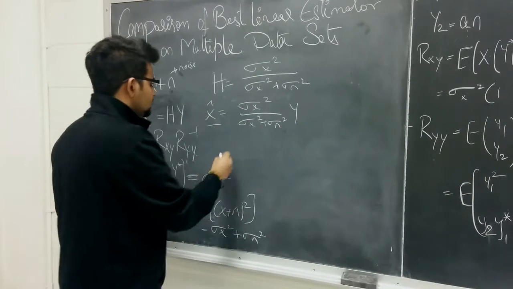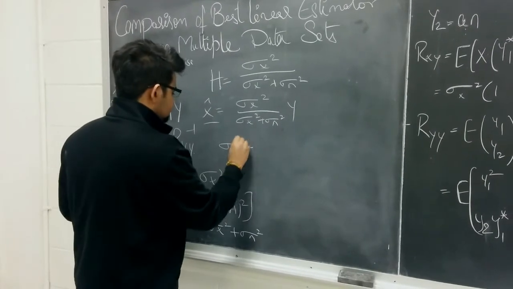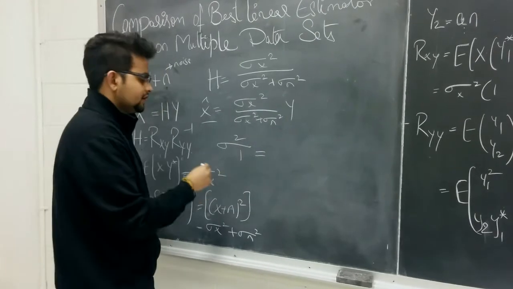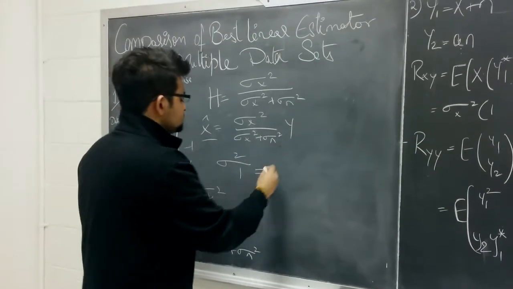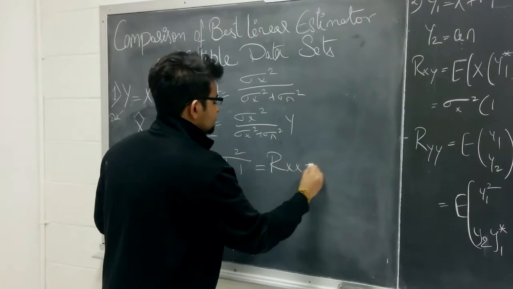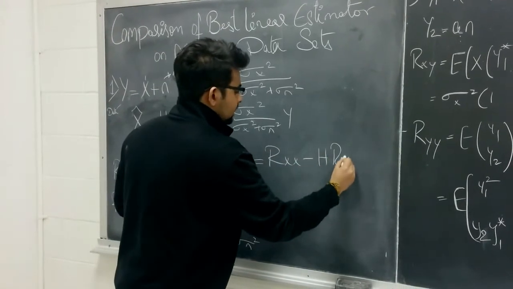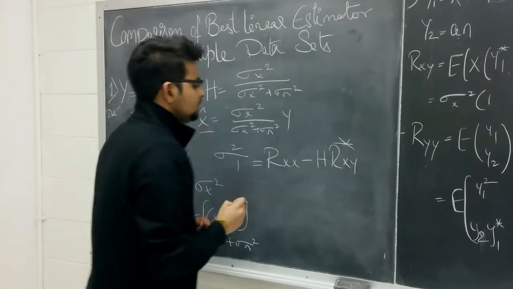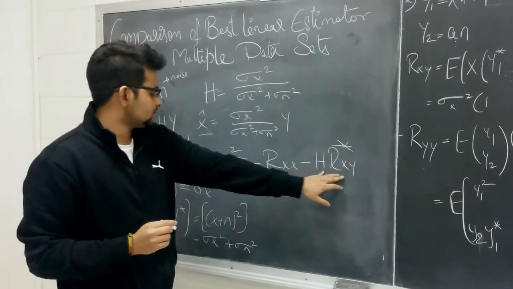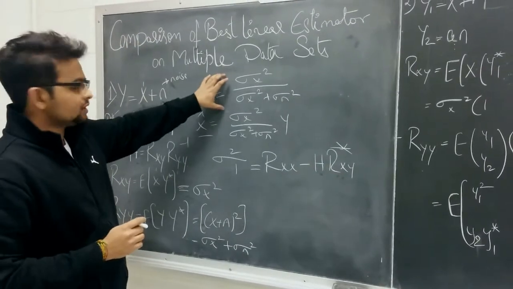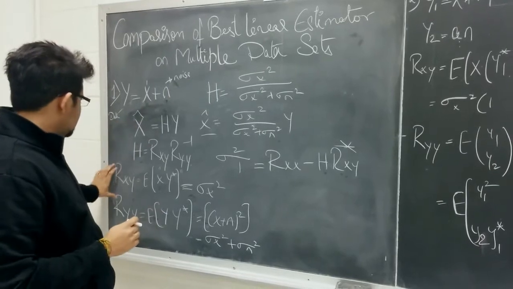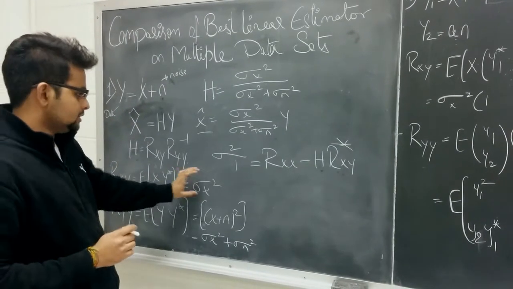And in order to find the variance of the error, the minimum variance, which is rxx minus h into rxy star. We have calculated the h, and rxy star will be this value.